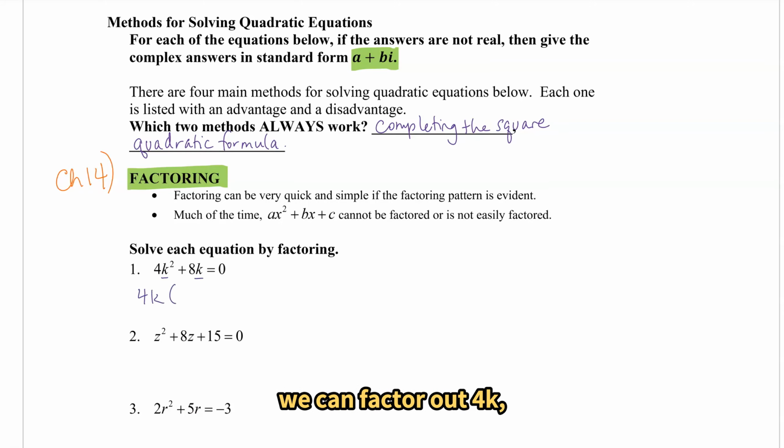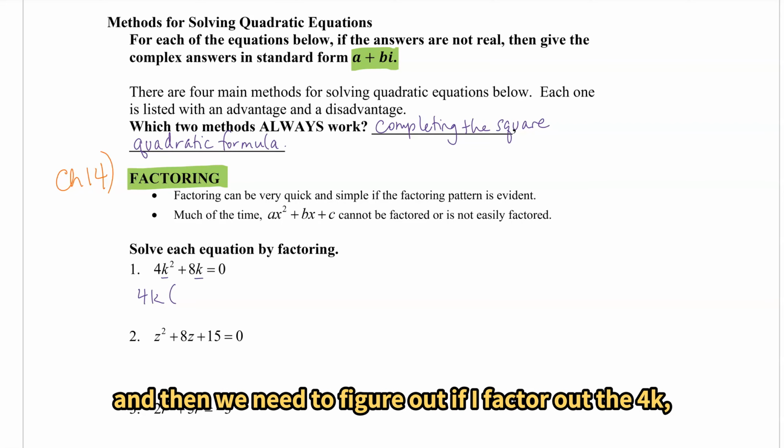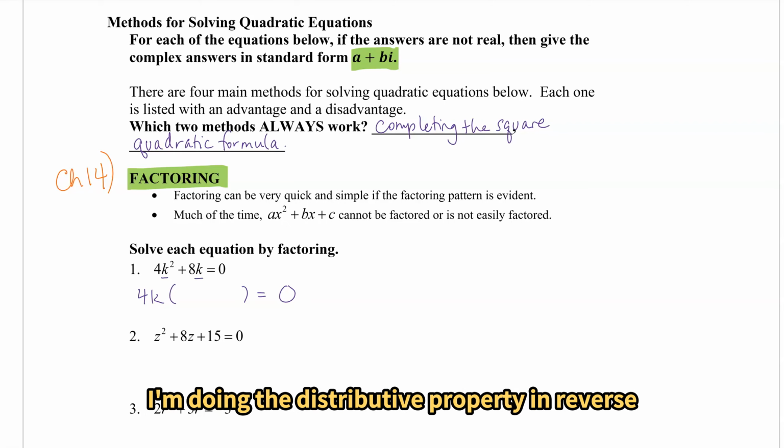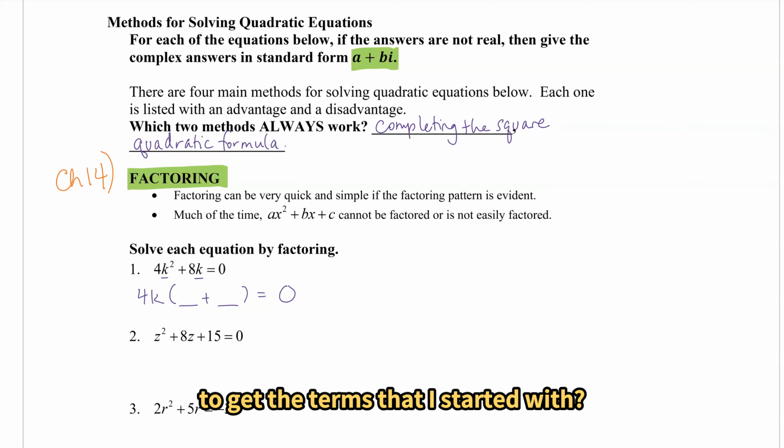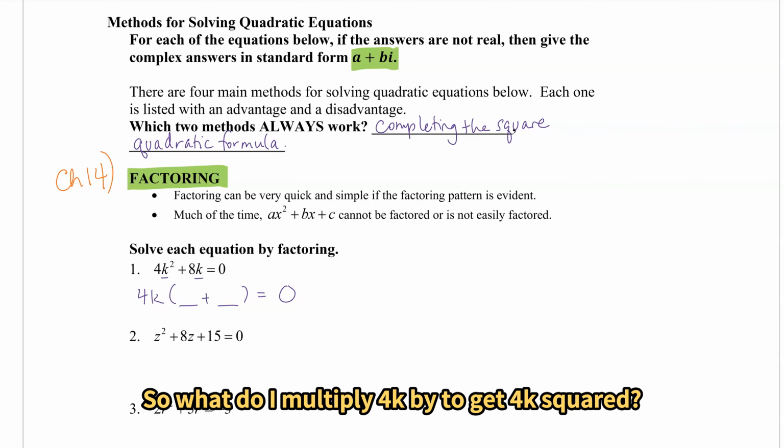So we can factor out 4k, and then we need to figure out, if I factor out the 4k, I'm doing the distributive property in reverse. And I need to determine what do I multiply by 4k to get the terms that I started with. So what do I multiply 4k by to get 4k squared?